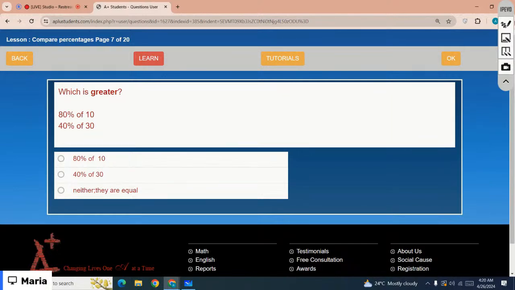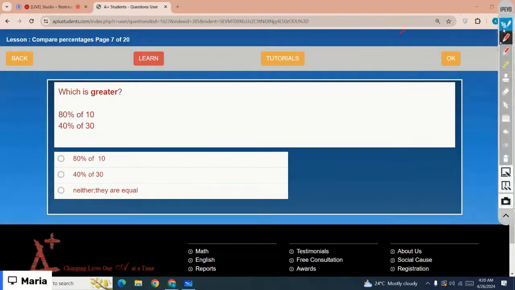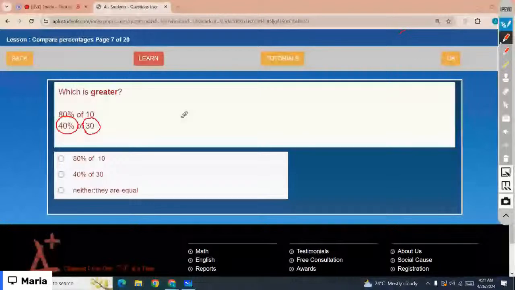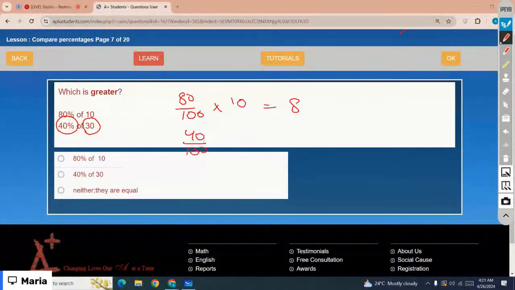You have to see both the numbers and the percentages. You can see here this number is greater and the percentage is less, right? Just do the calculation. Calculate 80% of 10, that is 8. Do calculations if you don't understand. Then do 40 over 100 times 30, that is 12.